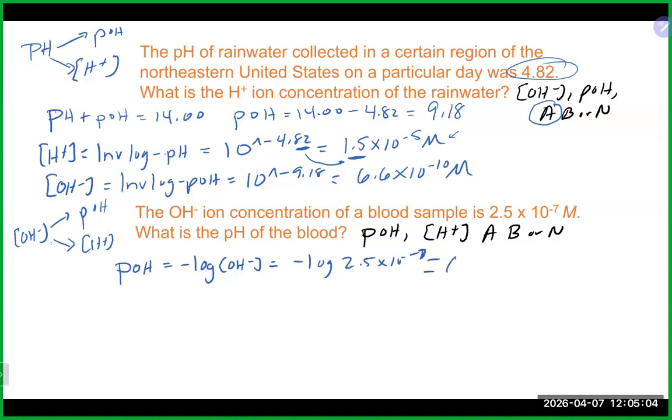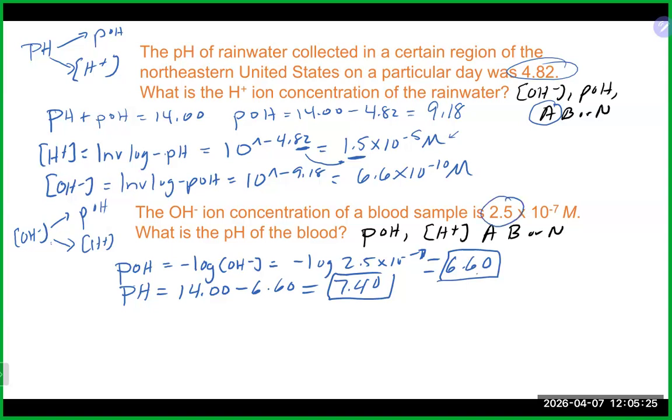That gives us a 6.60 pOH, to which I could very easily find my pH by simply subtracting from 14. So I'm going to take 14 minus the pOH to get to my pH of 7.40 in this case. Once again, two sig figs, two decimal places on those.